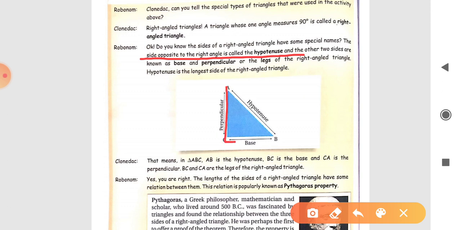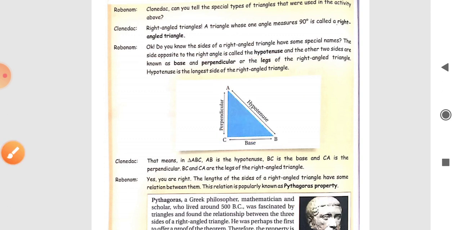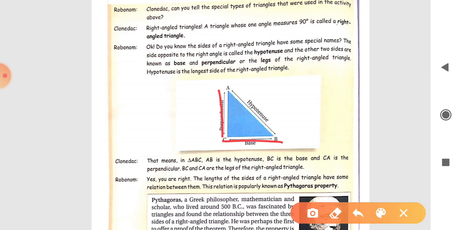If ACB is a right angle triangle, with the right angle at C, this is a 90 degree angle, and the side opposite to the right angle is this side, known as the hypotenuse. The hypotenuse is always the longest side of a right angled triangle, and the other sides are known as legs. So here AC and BC are the legs of right angle triangle ACB, and AB is the hypotenuse.